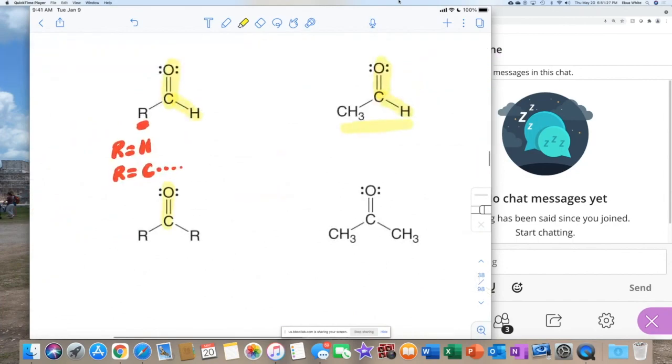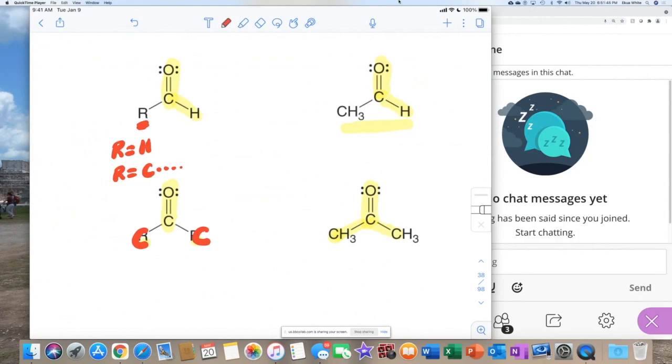Over here, like we just saw, carbonyl attached to, remember these R's, in this case, they have to be carbons. So carbonyl sandwiched between two carbons is a ketone. And you can see that here in this example of acetone.